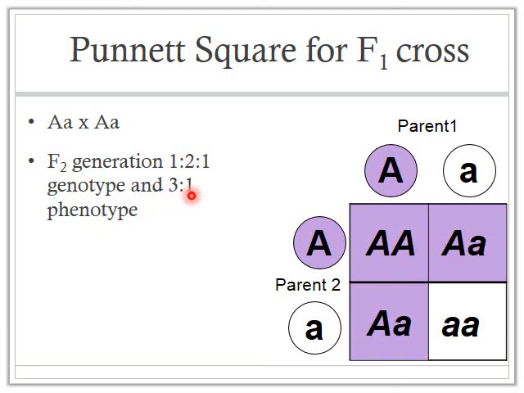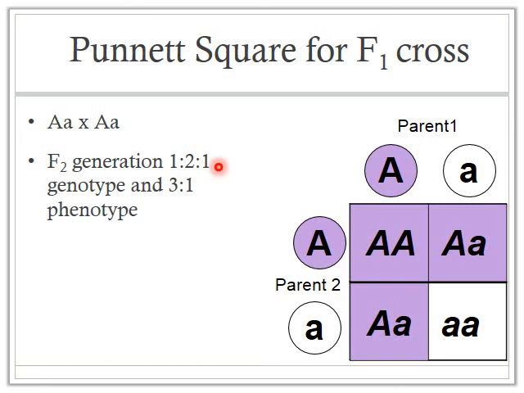It is 3-to-1 because there are 3 of one phenotype and 1 of the other phenotype. 3 purples, 1 white. The genotype, there's actually 3 different types of genotypes that are there. There is the homozygous dominant, homozygous recessive, and heterozygous. And so that is why it's written as a 1 to 2 to 1.